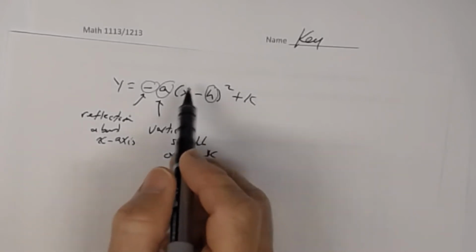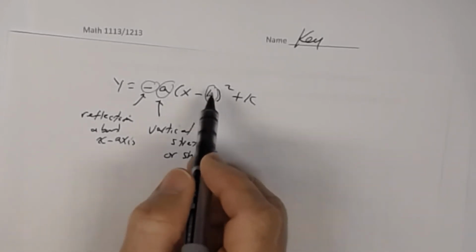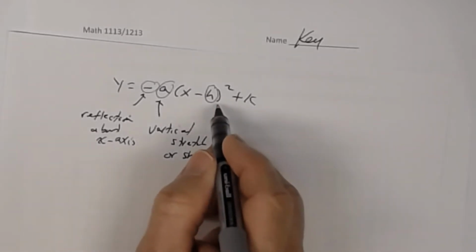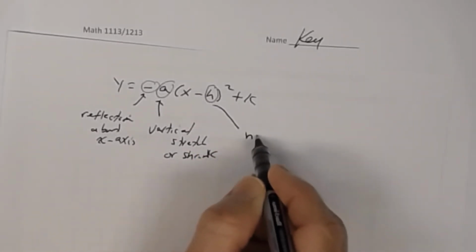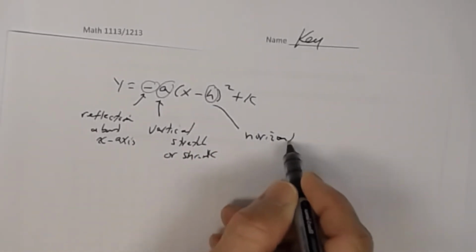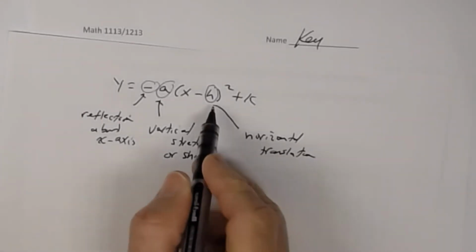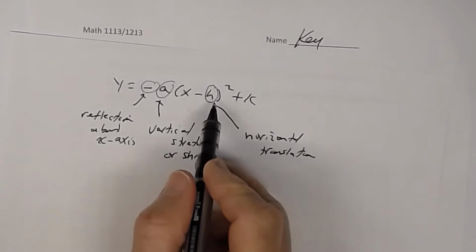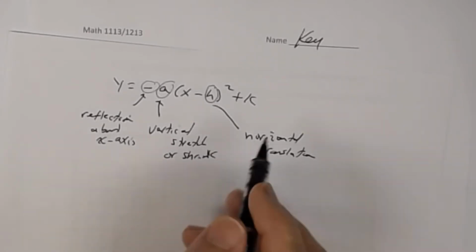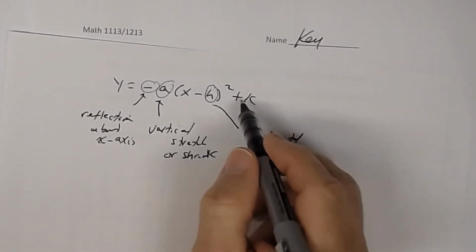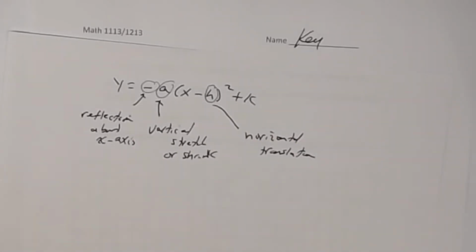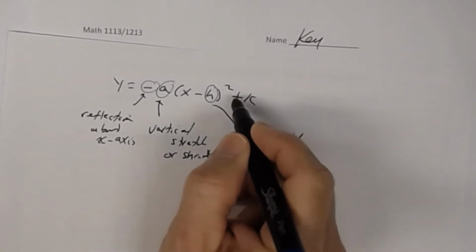That's important to understand. So this x minus h, you see how it's under the squaring function, represents a horizontal translation. So the h here is a horizontal translation, and you go left or right. If h is positive, you go to the right. If h is negative, you go to the left. Do you see that plus k? Remember plus k, it has to be plus.